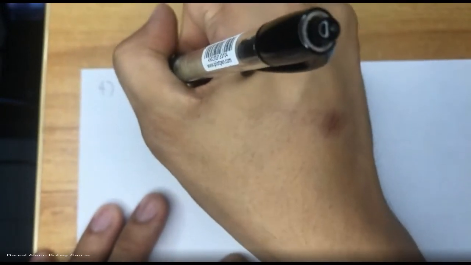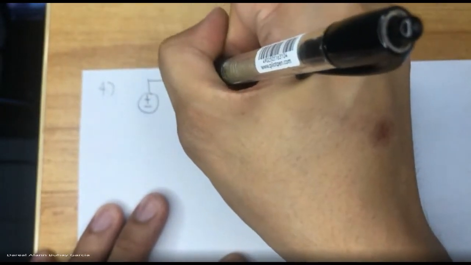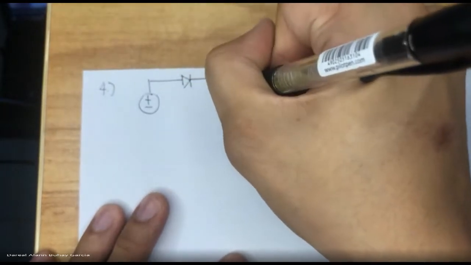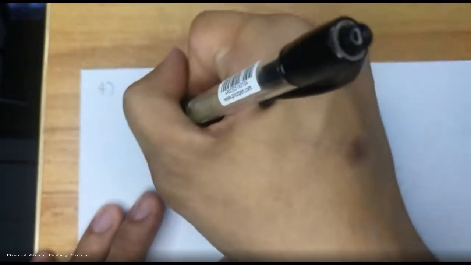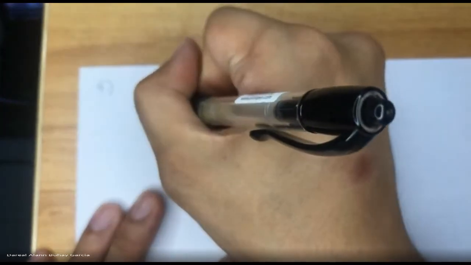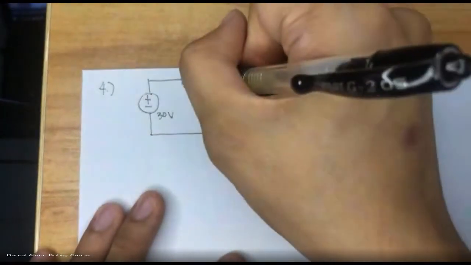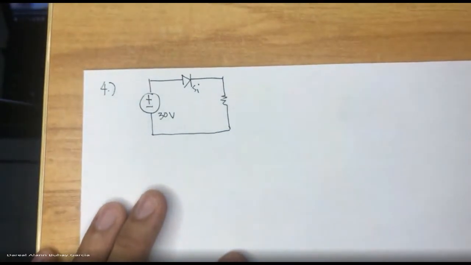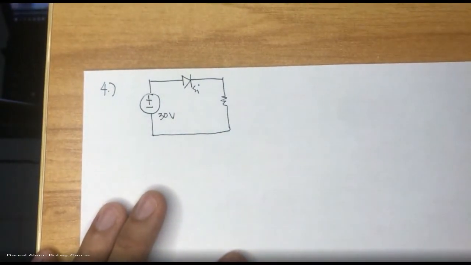The same type of circuit as ganina. 30 volts. Kani silicon daw ni siya, and resistor nga 2.2 kilo ohms.